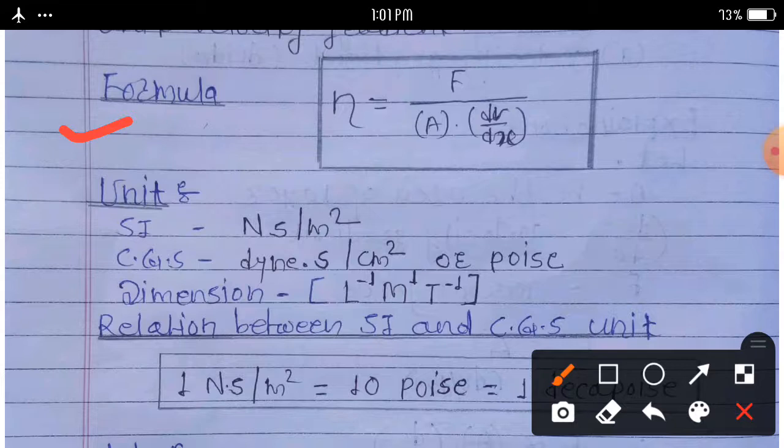SI unit of the coefficient of viscosity is Newton second per meter square, because here force is measured in newtons, area in meter square, and dv upon dx has the unit per second.